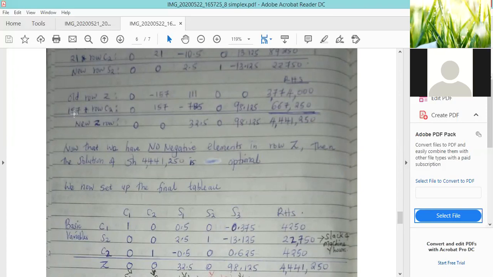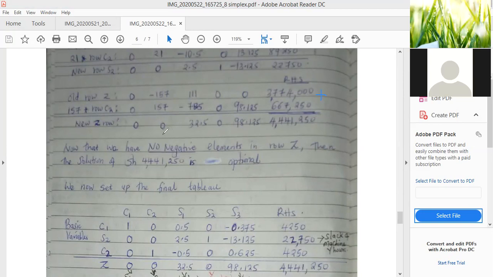I've just multiplied by 157, so that the 157 here and this 157 that I've created can allow me to create a 0 at the end of the day. Then because this is a minus, this is a positive, what I've done here is just to add. I should have indicated this positive sign here, that I'm adding these two to be able to have created a 0 here at the end of the day.